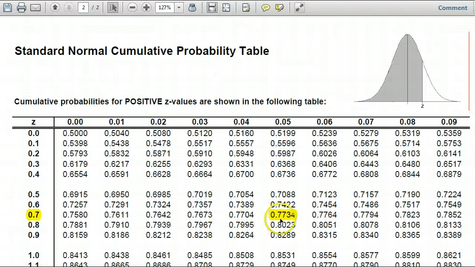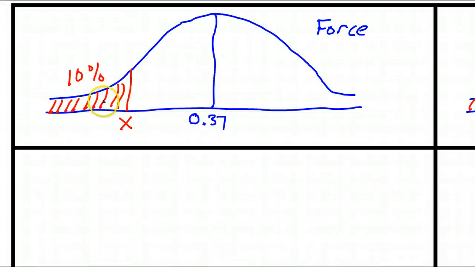If we want to be able to use this table, and we do, like I've said many times now, this table is only for percentages to the left of the z-score. It's got to be the left side. But this is the left side, so we can just stick with this. If it were the right side, then I would use the white area. Bottom line, you have to use the left side no matter what. Just use the left side no matter which side you're shading.